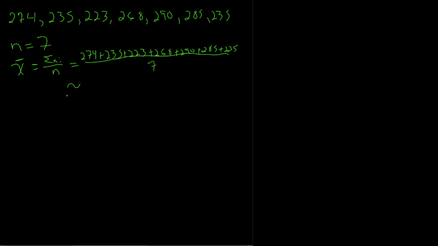And I run that through my trusty calculator. And so I've added up all of my entries and divided by 7. And I get 258.714286. I want to round this to one decimal place.